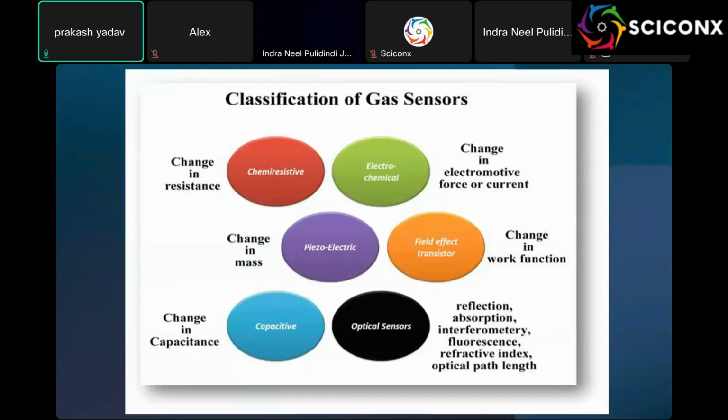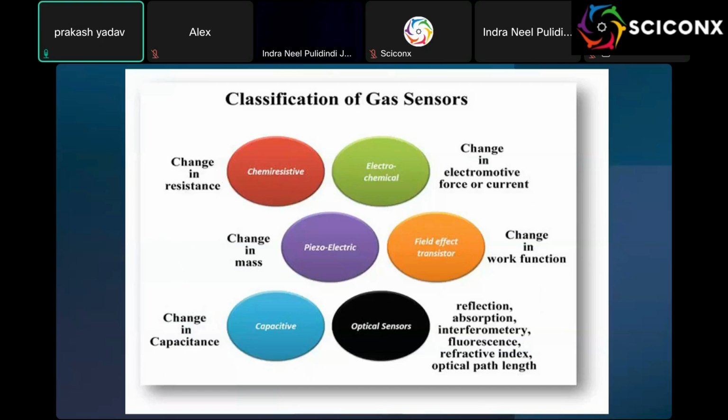And classification of sensors: we have multiple types of sensors: chemiresistive, electrochemical, piezoelectric, field effect transistor, capacitive, optical sensor, and their responses are different. Suppose you have a chemiresistive type of sensor, then you measure the change in the resistance. With piezoelectric, the output change is the mass, and with capacitive you measure how much the capacitance is changed by this sensor.